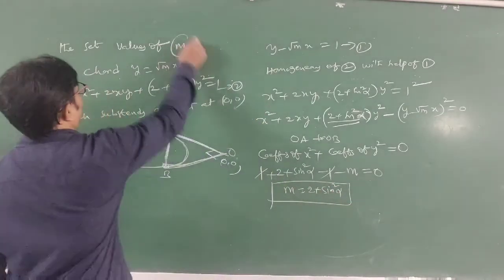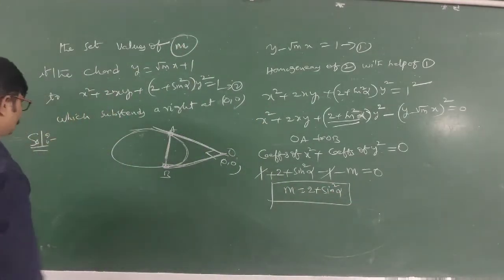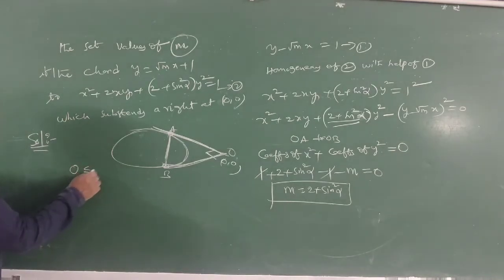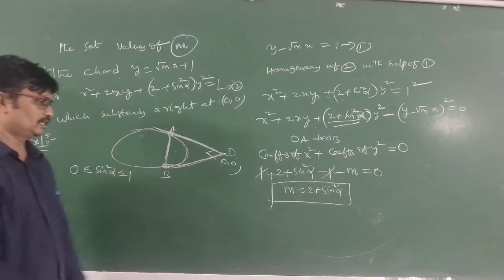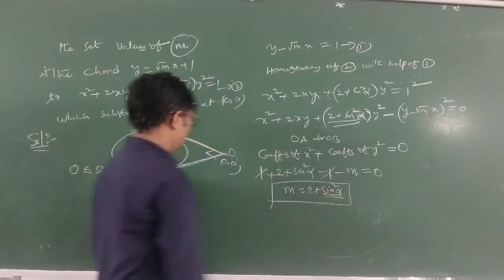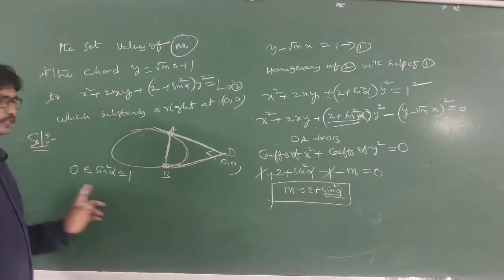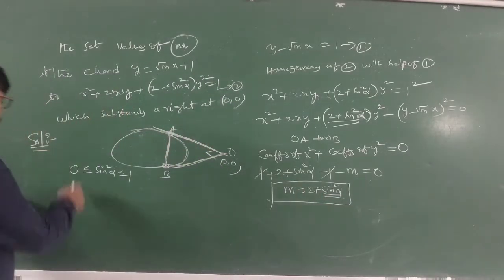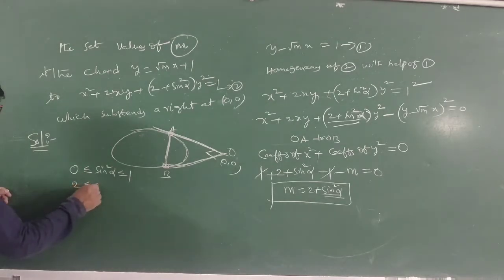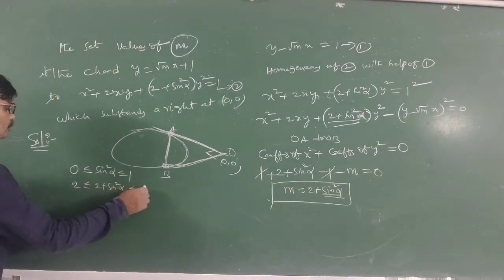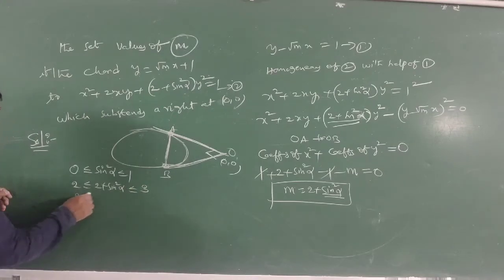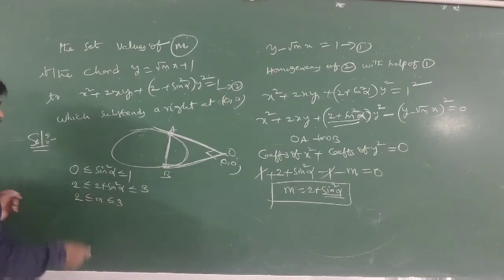My dear students, the set of values of m. We know that 0 is less than or equal to sine square alpha, which lies between 0 and 1. Therefore 0 plus 2 is less than or equal to 2 plus sine square alpha, which is less than or equal to 2 plus 1, that is 3. So 2 is less than or equal to m, which is less than or equal to 3.